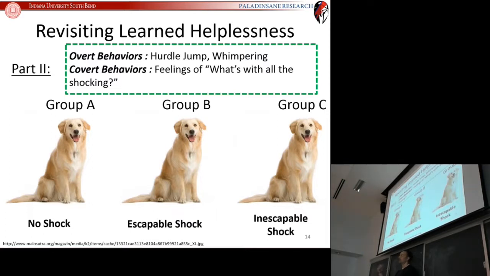And you can measure that with overt behaviors like heart rate or galvanic skin response, like how sweaty your finger gets. But that sort of inner mechanism of turning down or turning up responses would be a covert behavior.